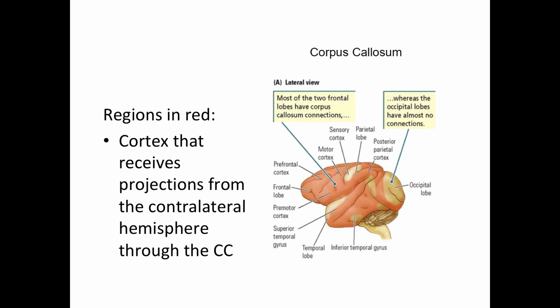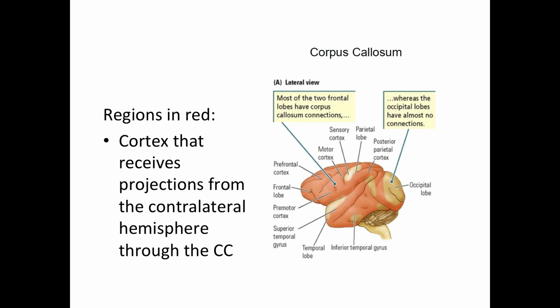In this image you can see the patterns of the commissural connections between the hemispheres of a rhesus monkey. In red you see the areas that are connected through these commissural connections. As you can see, the occipital lobe does not have a lot of red, but definitely some of it is connected to the other side.